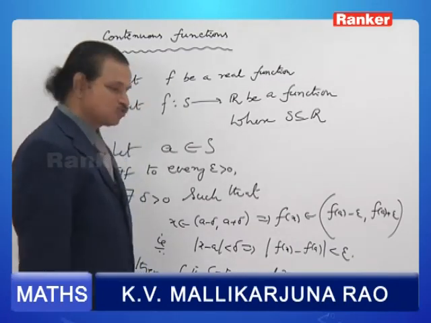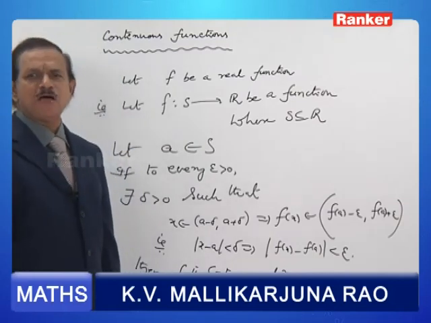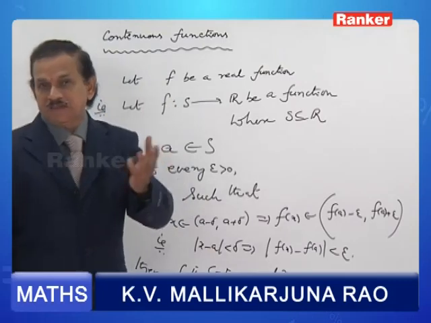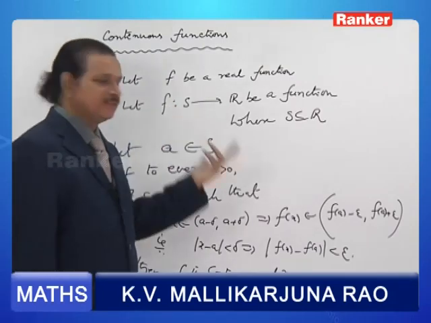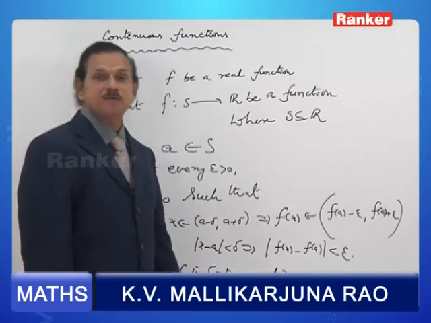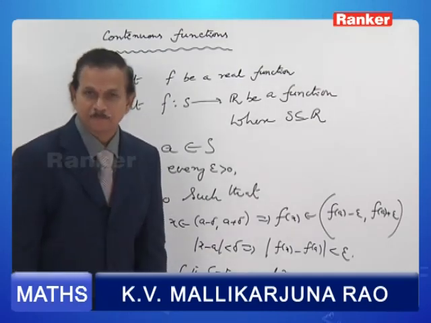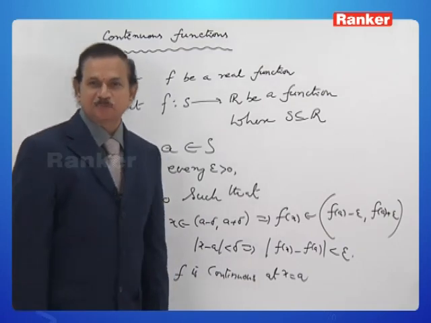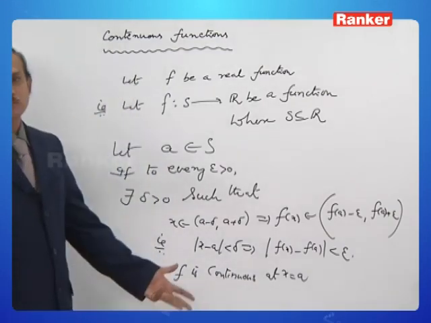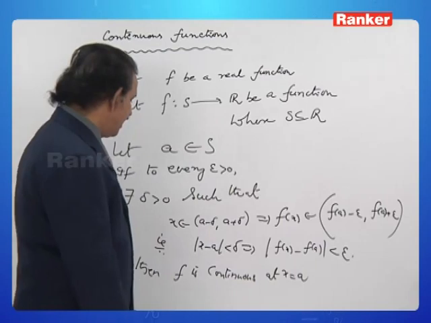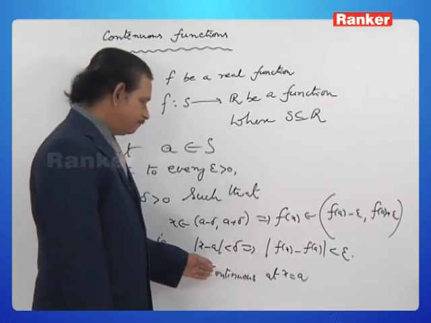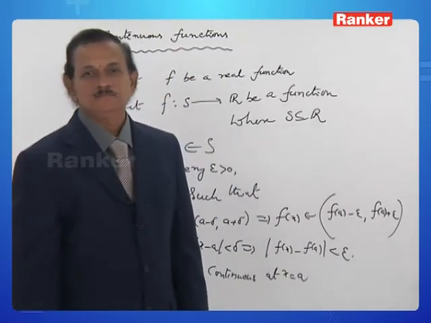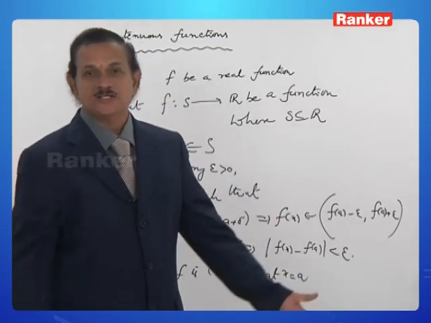Equivalently, for all those points around the neighborhood of A, their images, that is f of x's, should lie in the neighborhood of f of A, that is f of A minus epsilon to f of A plus epsilon. It is possible to express this in terms of modulus symbols also. That is, whenever mod x minus A is less than delta, mod f of x minus f of A is less than epsilon. This is continuity of f.